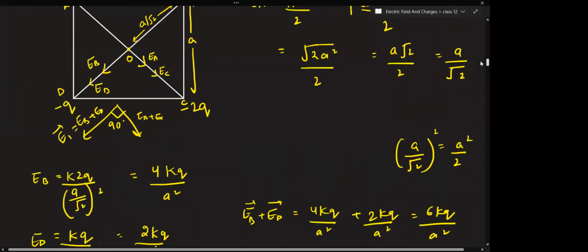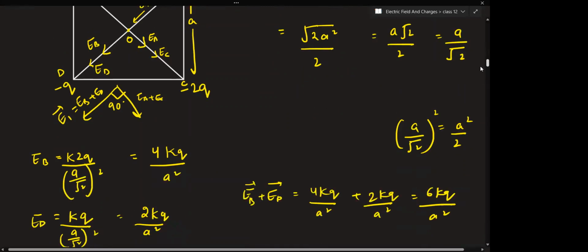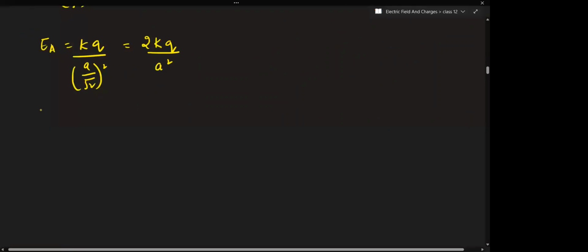Now see, we require EC, which is left. So yes, Atif, you tell me, which charge should I take for EC? Minus 2q. So we can use the magnitude directly and write it as 2q only.